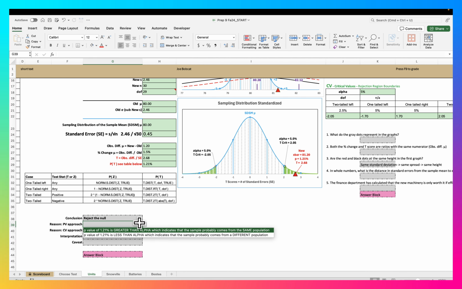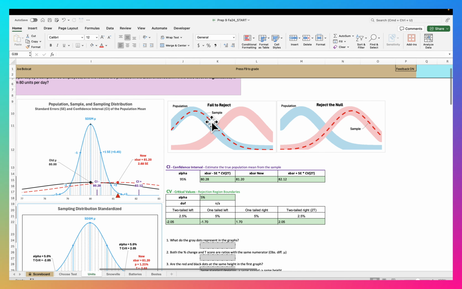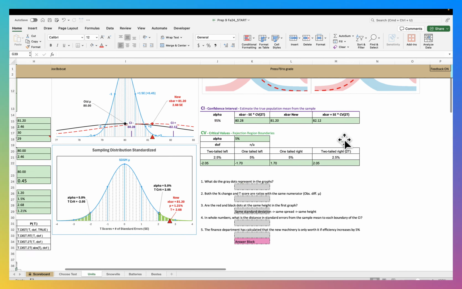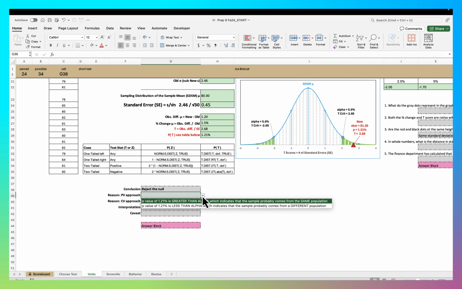And so if it's reject, by the way, whenever you see the word reject, then you're saying it's a different population. Remember our initial picture here. If it's a reject, you're basically saying that your sample belongs to not this original blue population, but it belongs over here to the pink population. Okay, so whenever you say reject, you're concluding that it belongs to a different population.